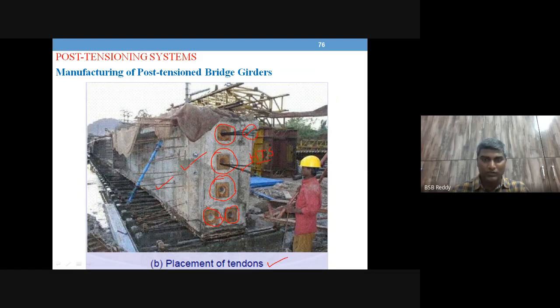What you see in this picture is that concrete is manufactured, poured, and then the hardening is done. Concrete is ready for pre-stressing, and the tendons are being inserted into the ducts.